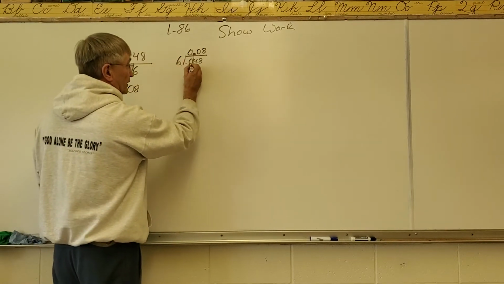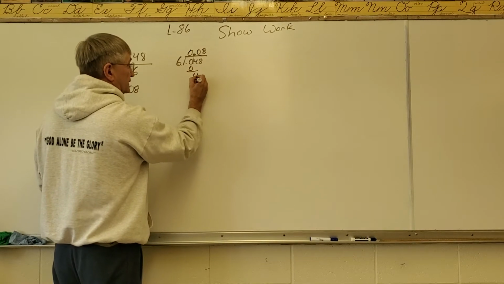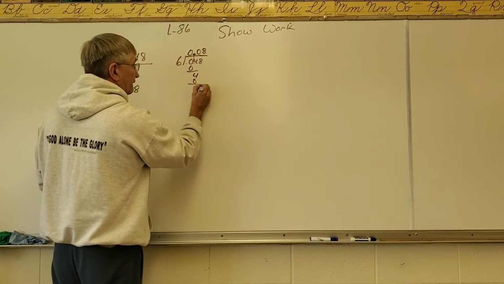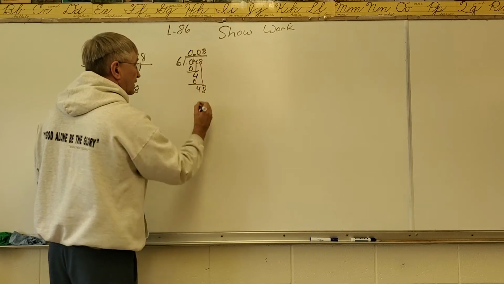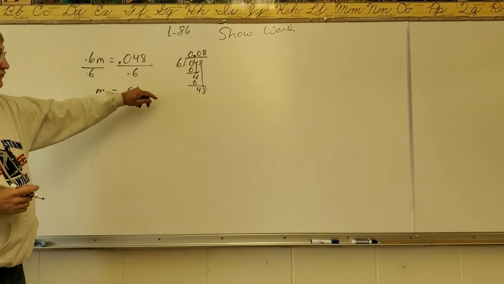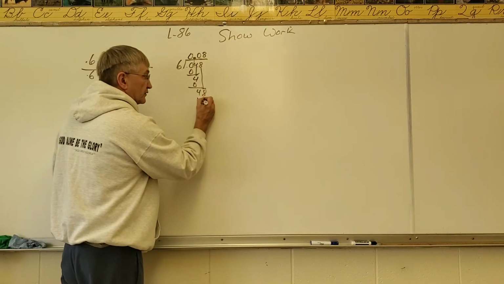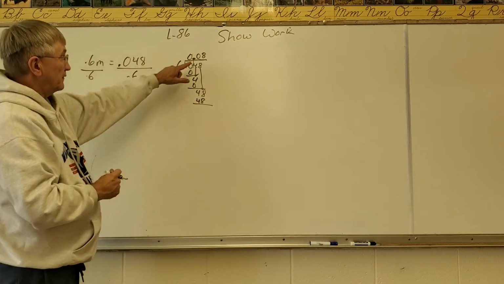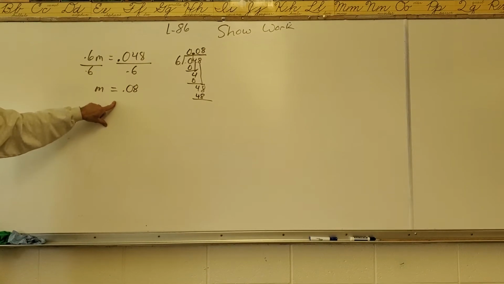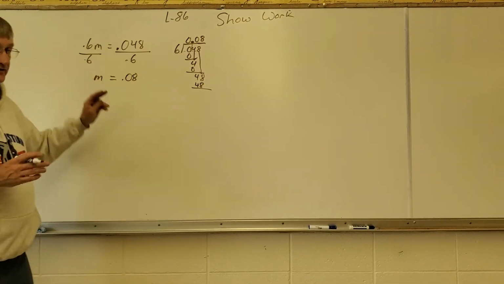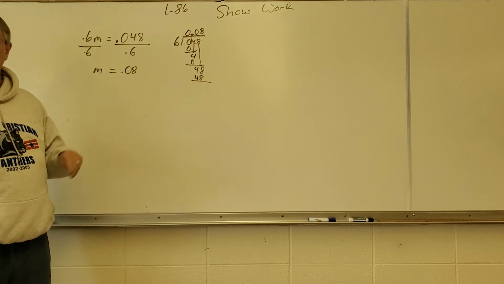And I should have shown the work here a little bit. Sorry about that. So you can see the final as it goes through. My final answer is 0.08. So again, make sure I show my work. Again, the teeter-totter: what I do to one side, I have to do to the other side.